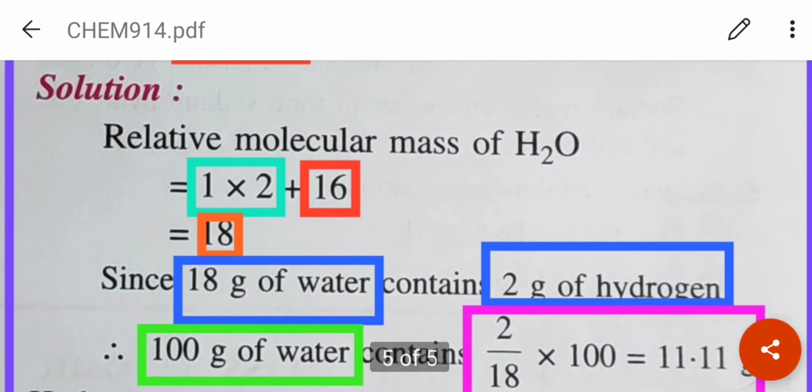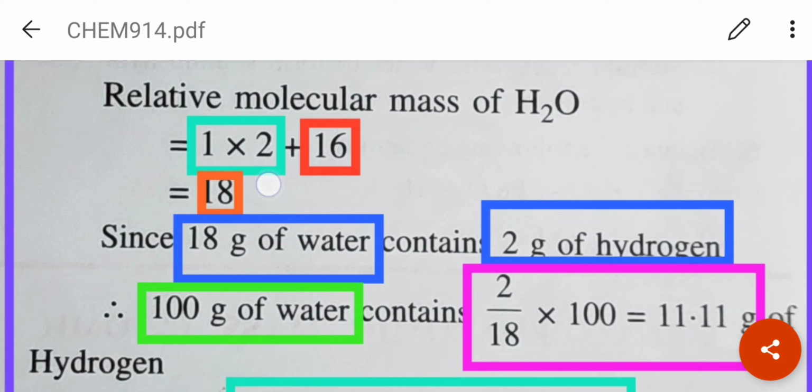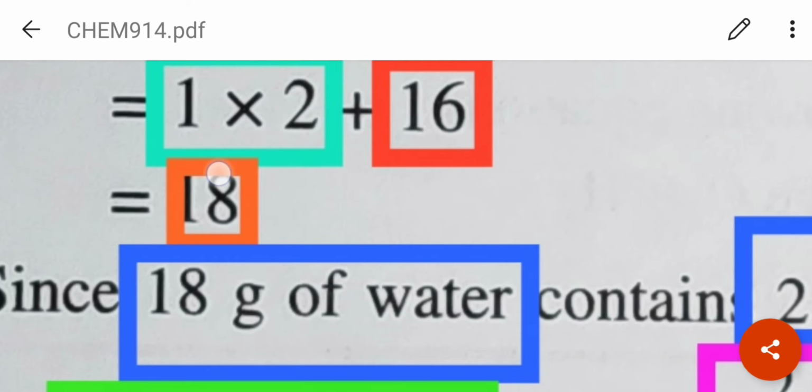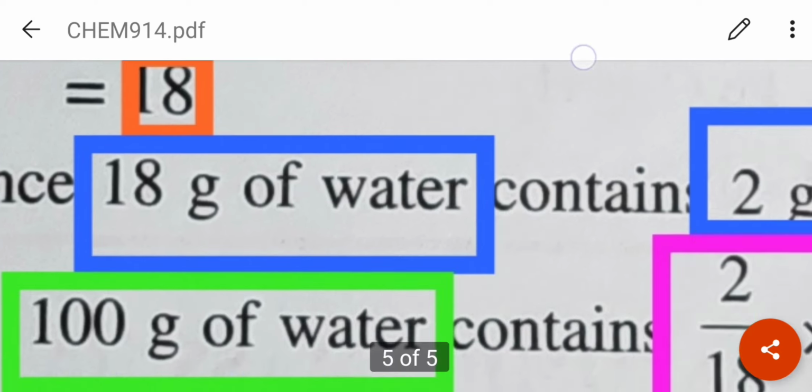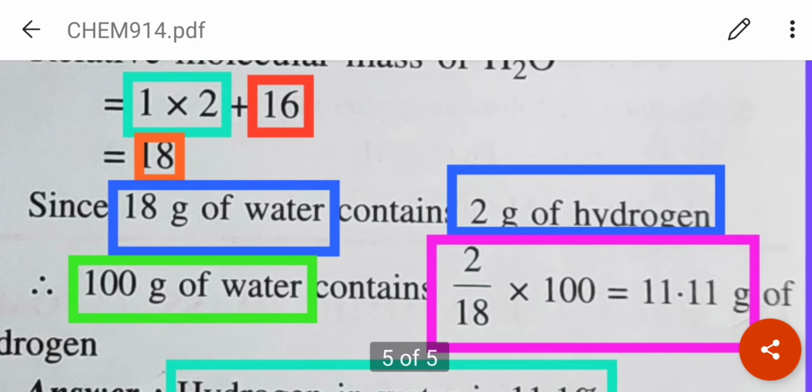So, relative molecular mass of water will be 1 into 2, where 1 is the atomic mass of hydrogen and 2 is the number of hydrogen atoms, plus 16 because there is only one oxygen atom. On adding up, what do we get? We get 18. Now, 18 grams of water contains 2 grams of hydrogen.